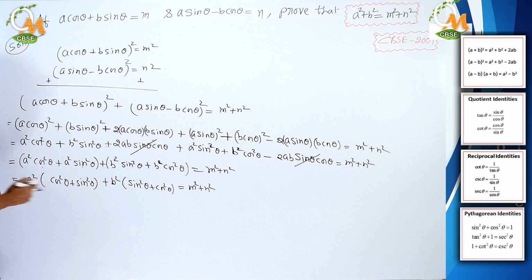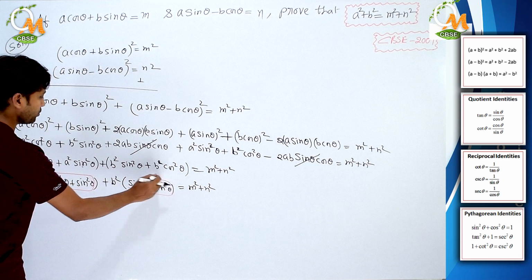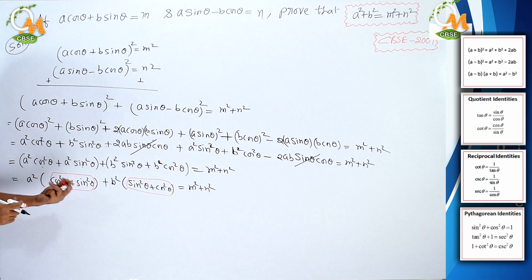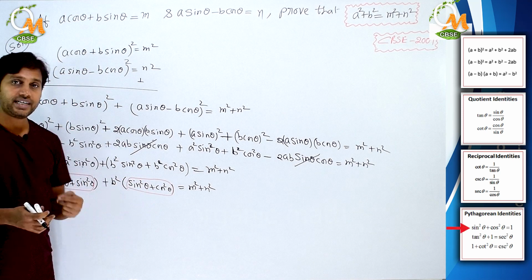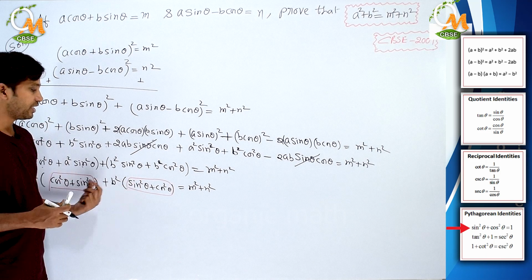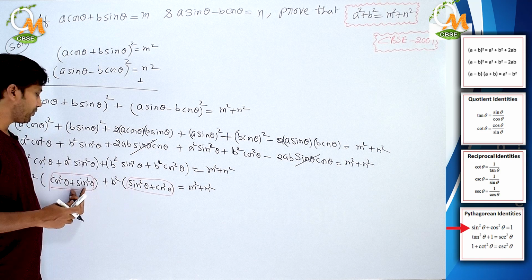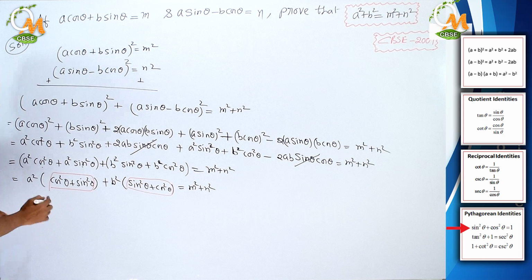Now just tell me, are these two expressions we obtained trigonometric identities or not? Yes, these two are the first identity of trigonometry, sin square theta plus cos square theta equals 1. So we can put 1 and 1 here.